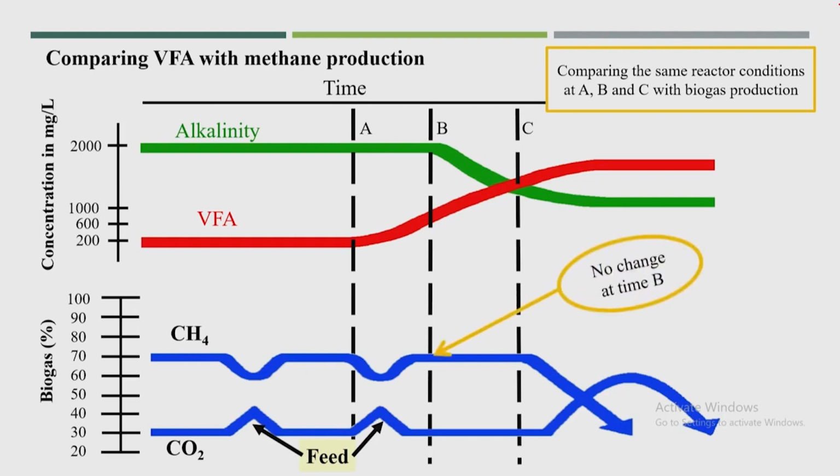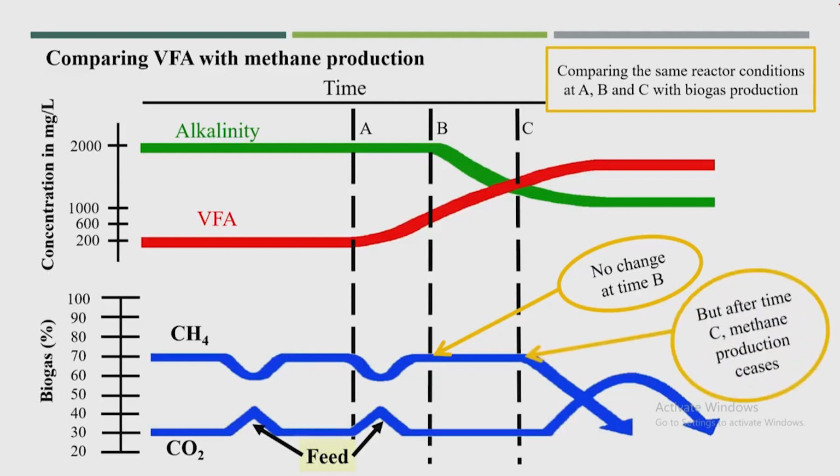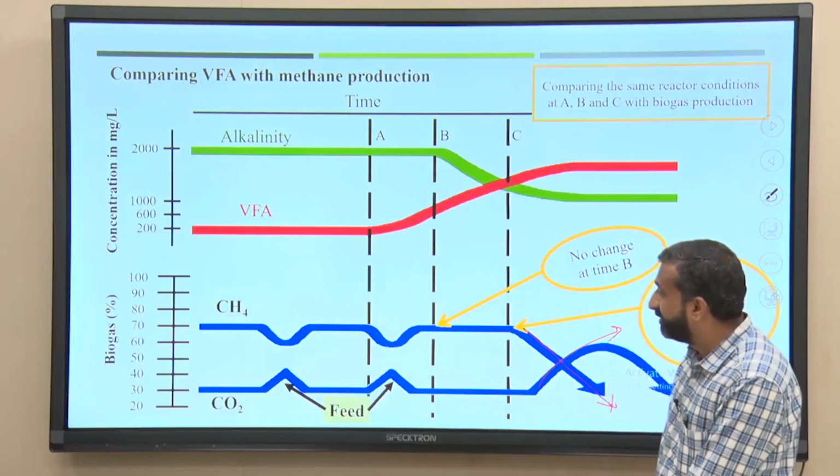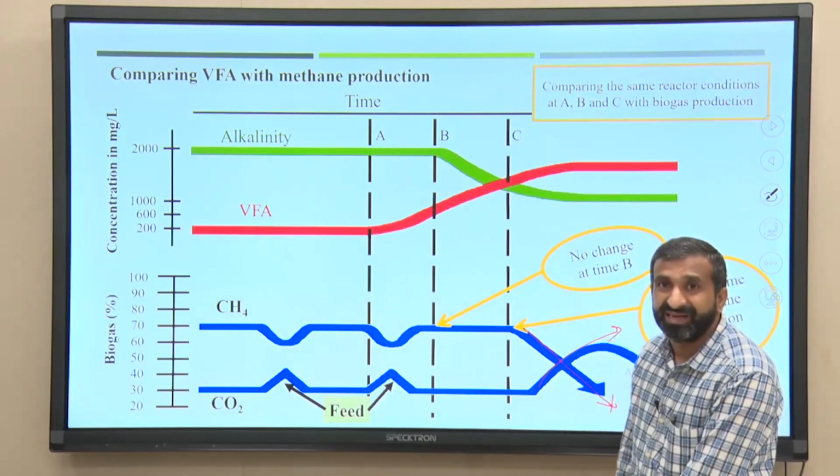There is no change in gas production or methane production until time B, where alkalinity is more than VFA, but at time C the methane production ceased, and after that the methane production will be completely dropped and carbon dioxide increase will start. So, see how important alkalinity and VFA production are in the reactor.